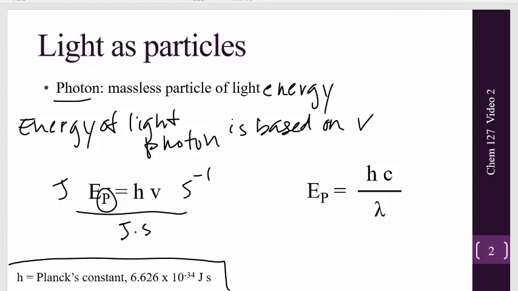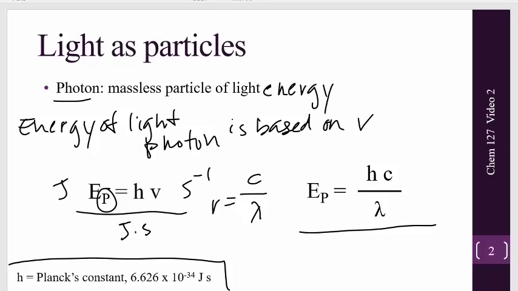If we solve for frequency, it would be the speed of light over wavelength, and we can substitute that in this equation and come up with a direct relationship between energy and wavelength, related by Planck's constant, the speed of light, and the wavelength in meters.